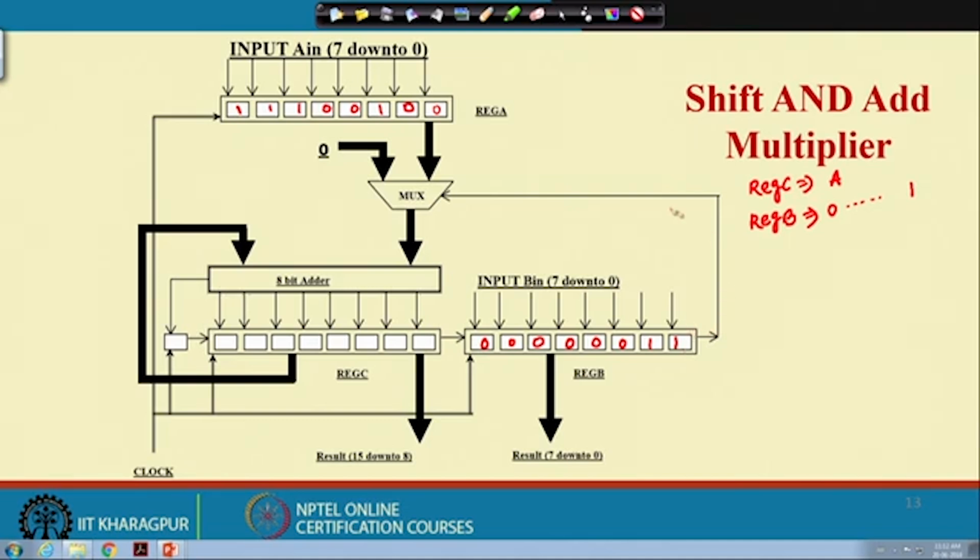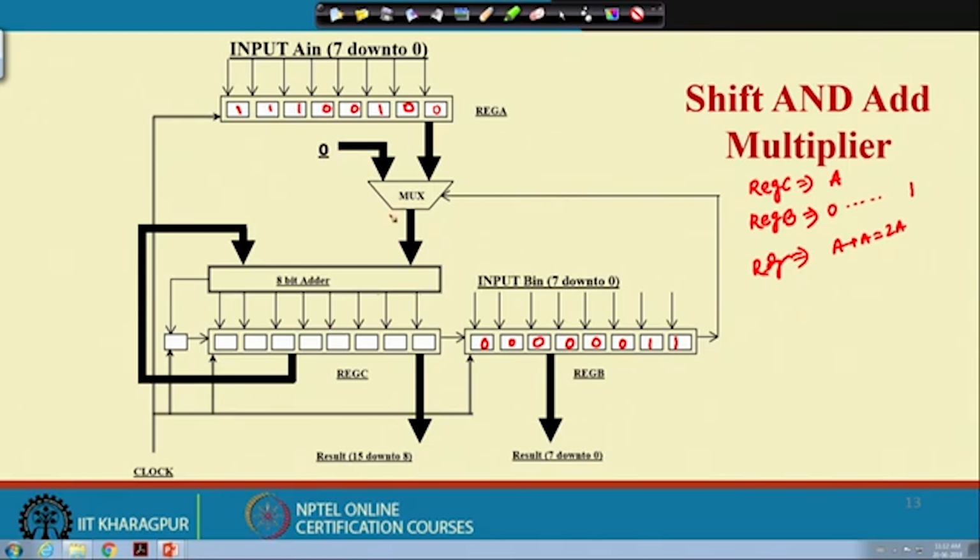So, that means now again this will be added. So, initially 1, it is choosing this A. Then again this is 1, then again register A will be A plus A, that will be 2A.